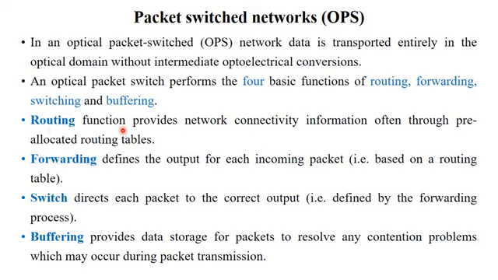The routing function provides network connectivity information, often through pre-allocated routing tables. Forwarding. The forwarding defines the output for each incoming packet, that is based on the routing table. Switching. The switch directs each packet to the correct output, that is defined by the forwarding process.